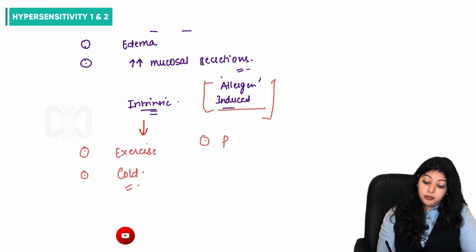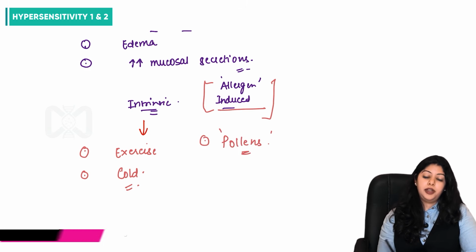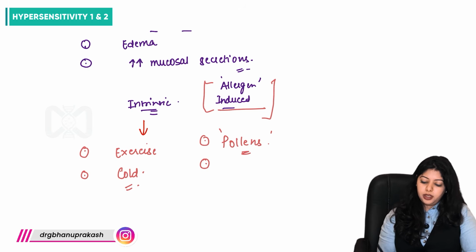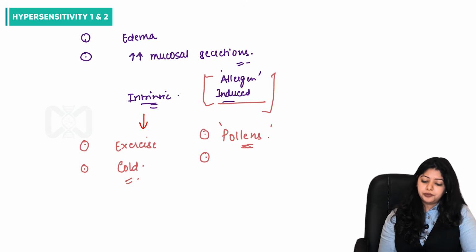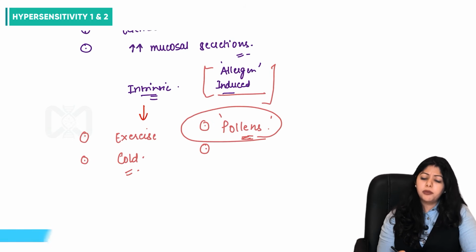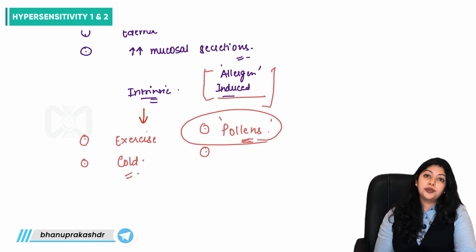The most commonly involved allergen is pollen, right? Pollen. Then certain food articles can also induce asthma, right? So pollens are most commonly associated with allergen induced asthma.